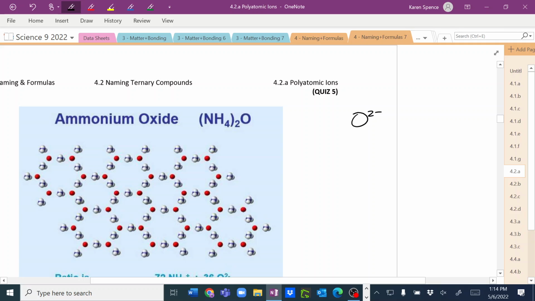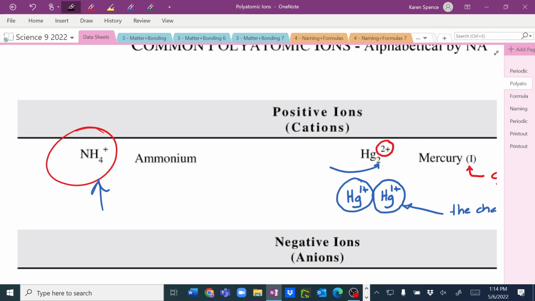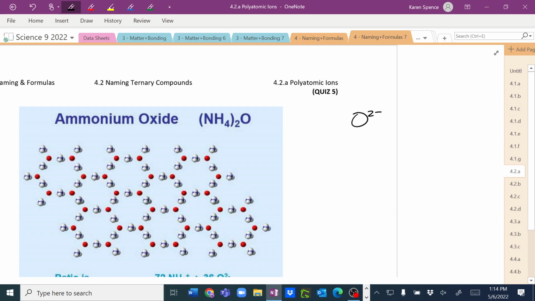Yes? What is the charge of the ammonium ion? If you forget, you can always go back to the data sheet and look, and say, oh, it is +1. Okay? So back we go, we have NH4+.